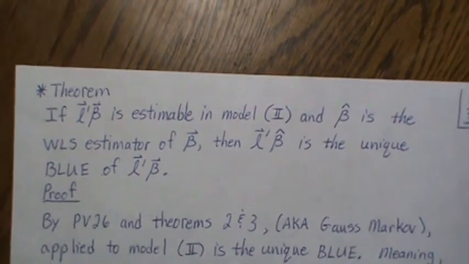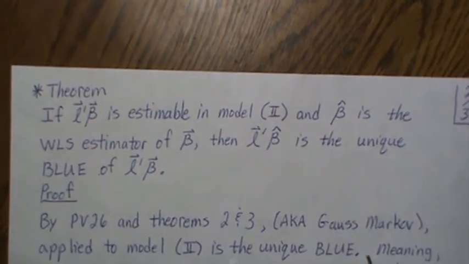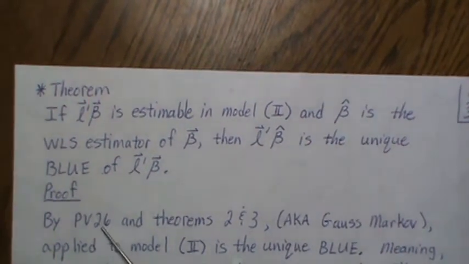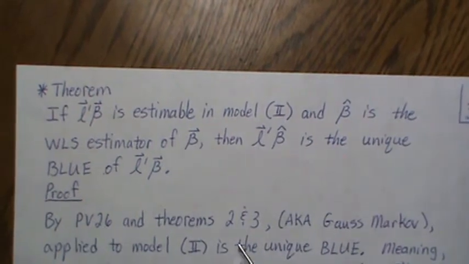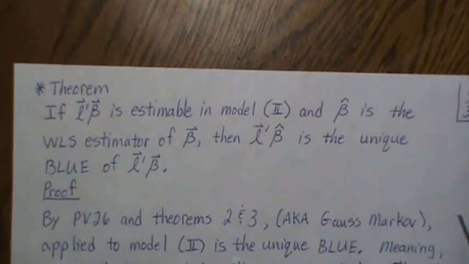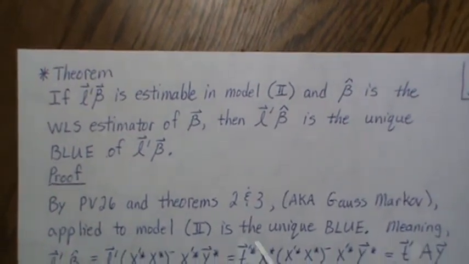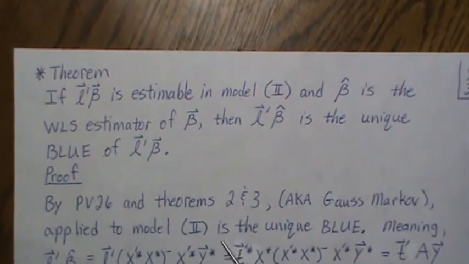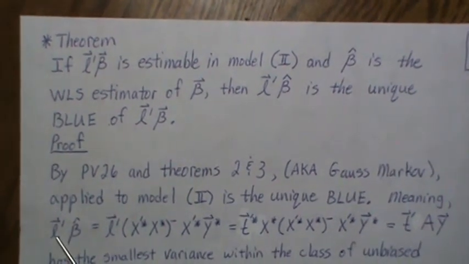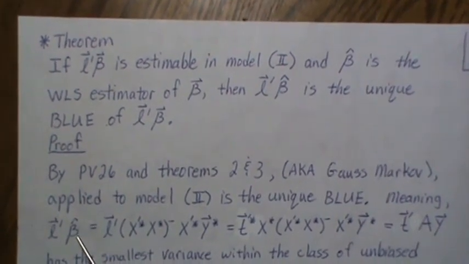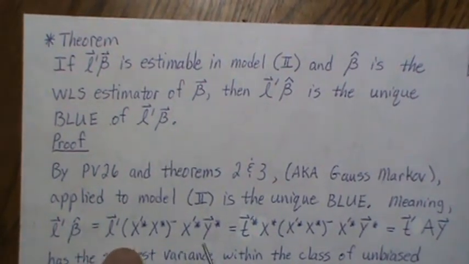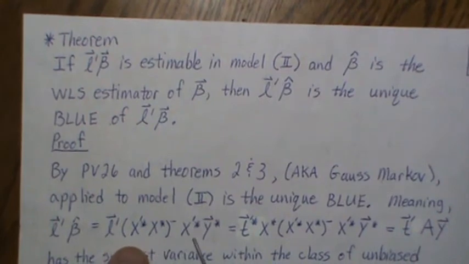And the proof of this, we actually have already proved. By previous video 26 in this playlist and theorems 2 and 3 in this video, aka the Gauss-Markov theorem, applied to model 2, that means it's the unique BLUE. Meaning that L prime beta hat is, since we're in model 2, the least squares estimate is this.